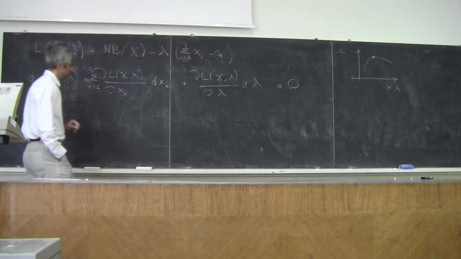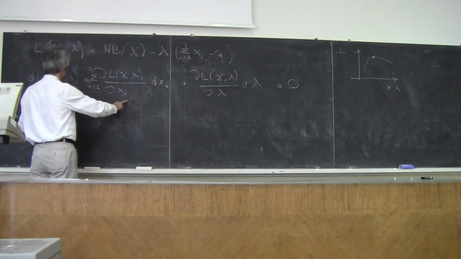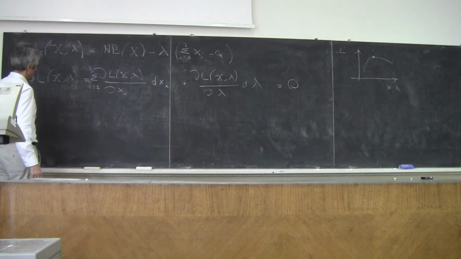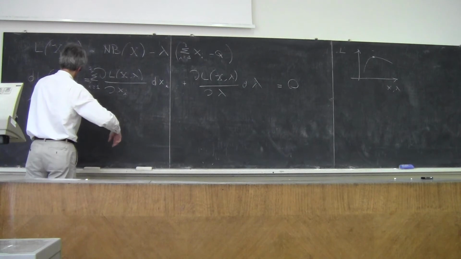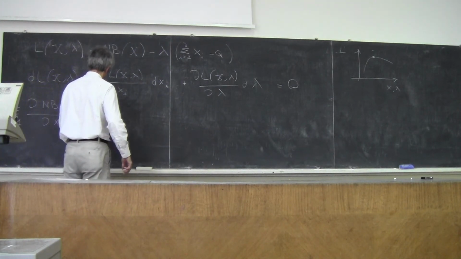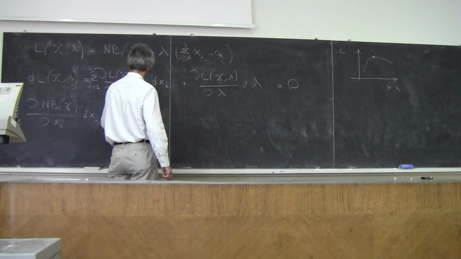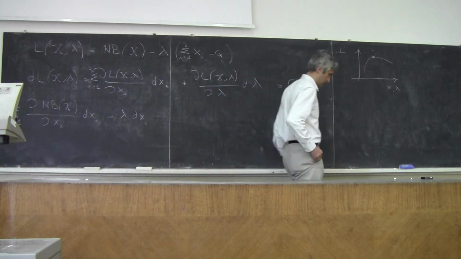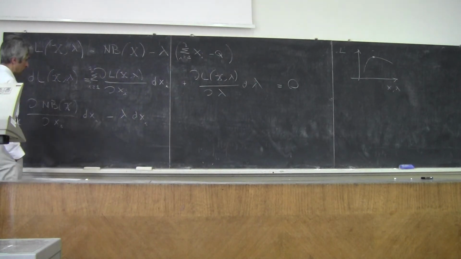Okay, then let's compute these derivatives. First of all, the derivative of the Lagrangian with respect to xi is given by the derivative of NB(x) with respect to xi, and here we have the summation, times dxi, minus lambda times dxi.